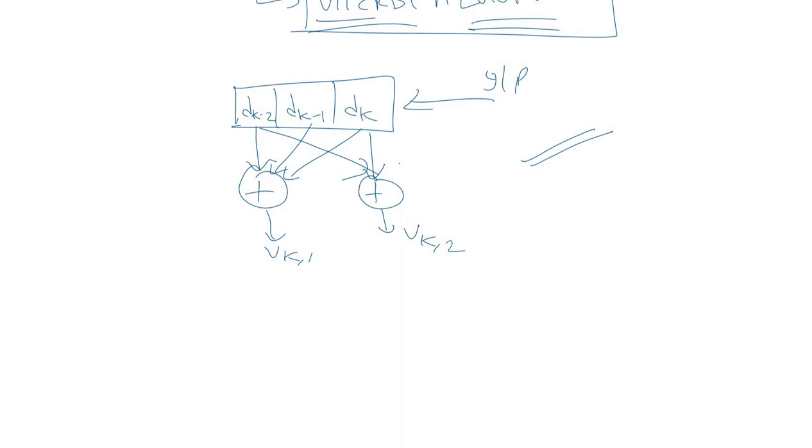There are 4 possible states. Initially we assume that all the contents of the shift registers are 0, and we give input from this terminal, and the input bit first goes into this shift register, which is DK. Initially we assume that these 2 shift registers, DK-2 and DK-1, are in the state 0, 0.